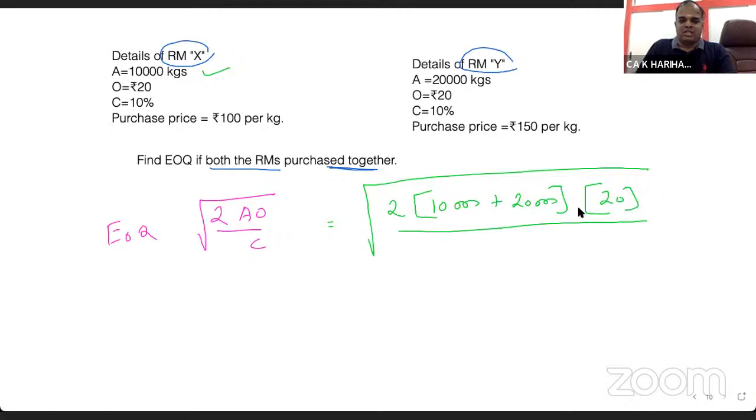Divided by carrying cost, 10% on purchase price.